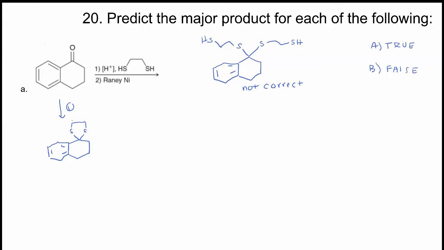So these two carbons here are from these two here. So if your sulfurs are connected, you're going to get a cyclic thioacetal. And then after we do Raney nickel, that's going to remove the sulfurs altogether. And we just get the cyclohexane on the side of the benzene there. Questions there?